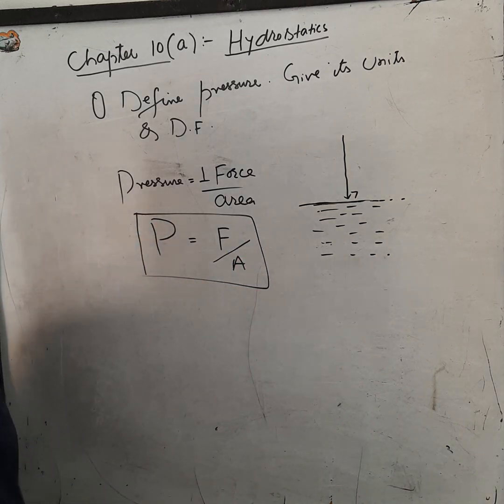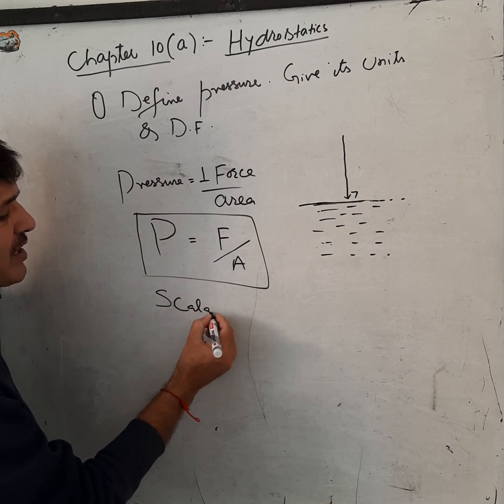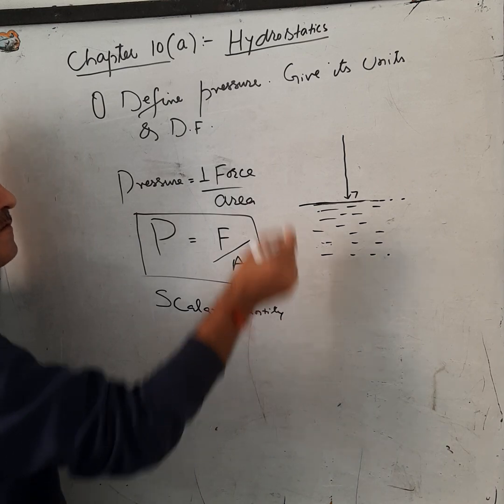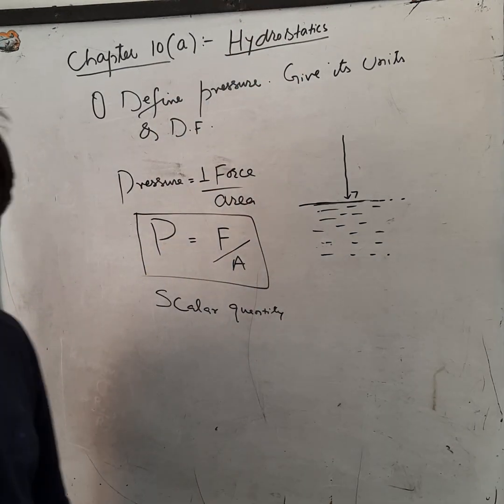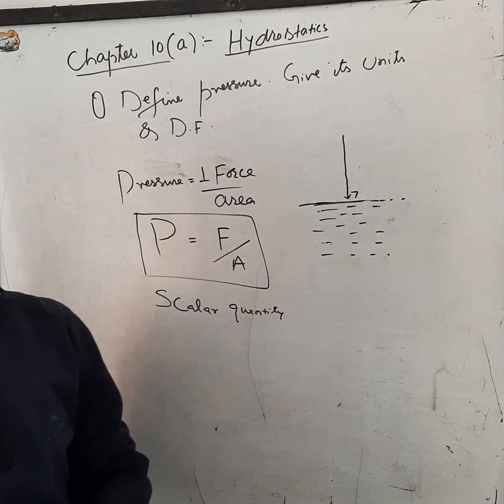Pressure is a scalar quantity. It is not a vector quantity. Why is it a scalar quantity? Because when we exert pressure at any point on the liquid, it is transmitted equally as per Pascal's law.